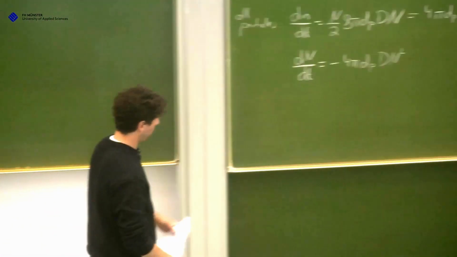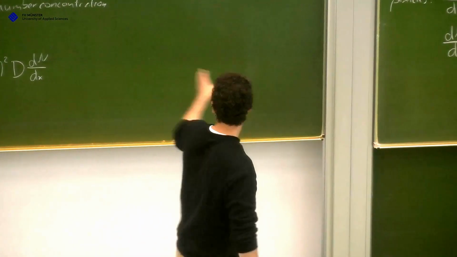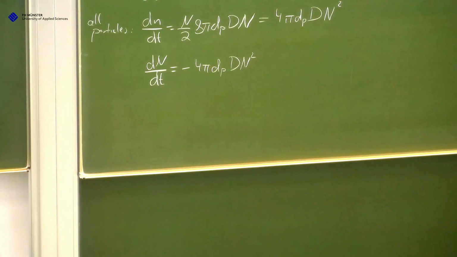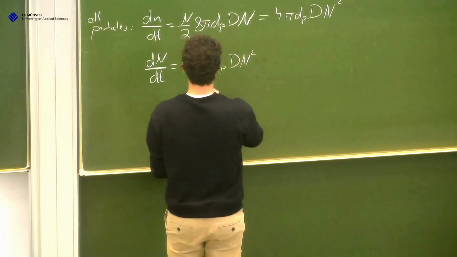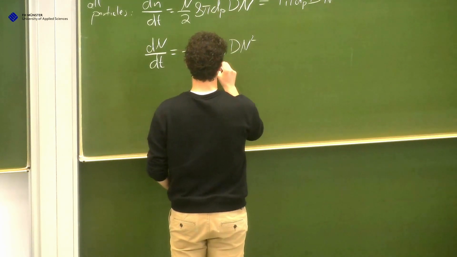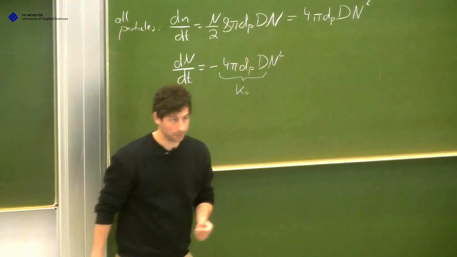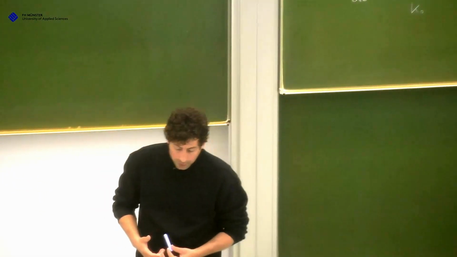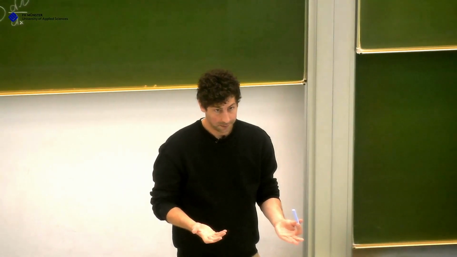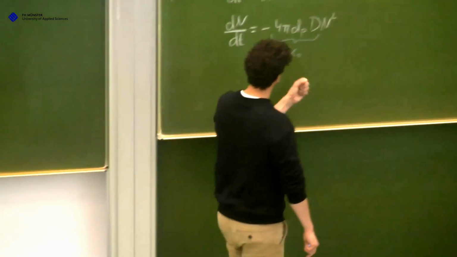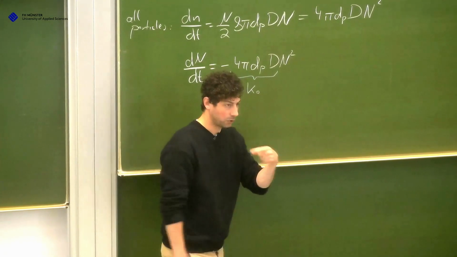Both are simple equations, right? So if you think where we're coming from, this is something we could calculate. And this part here is a constant, and this is K0. And K0 is the coagulation constant. The coagulation constant depends on two things.